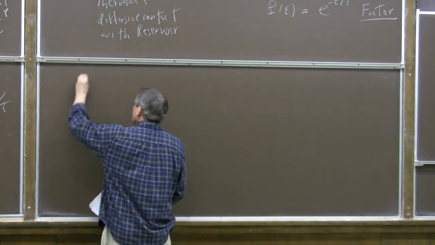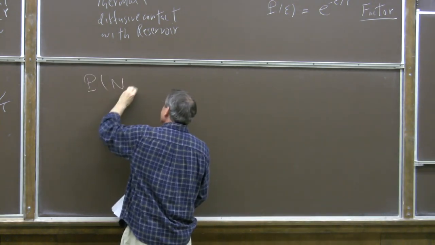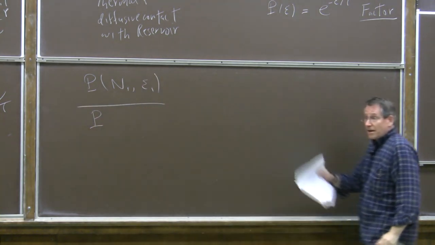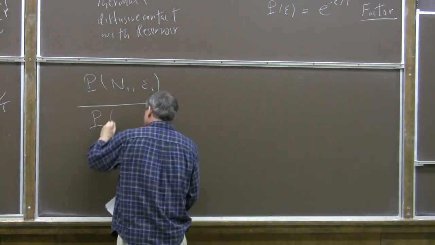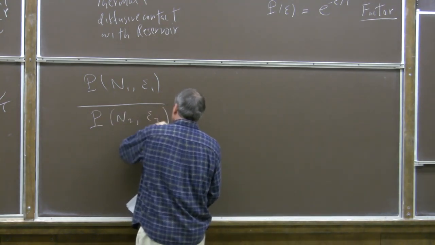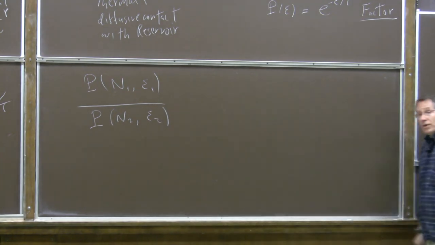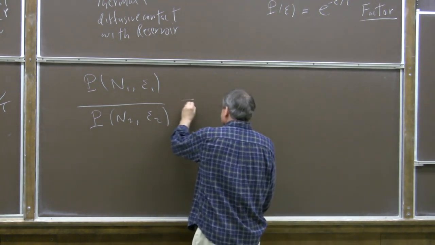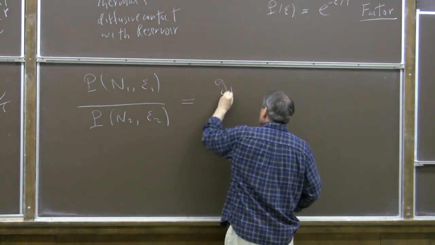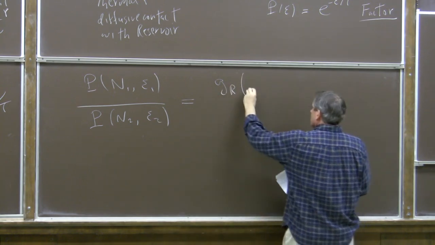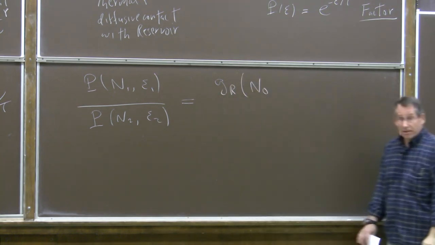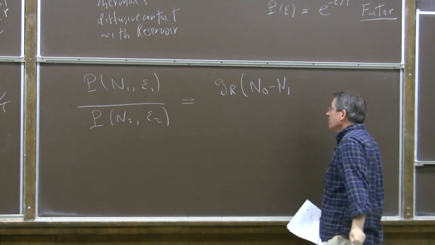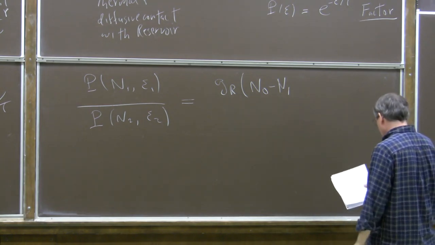So if I compare the probability of a state of the system which has n1 particles and energy E1 with the probability of the state of the system when it has n2 particles and energy E2, well, that's given by the degeneracy of the reservoir when the total number of particles is n0, but if the system has n1 particles, the reservoir has the rest, which is n0 minus n1.